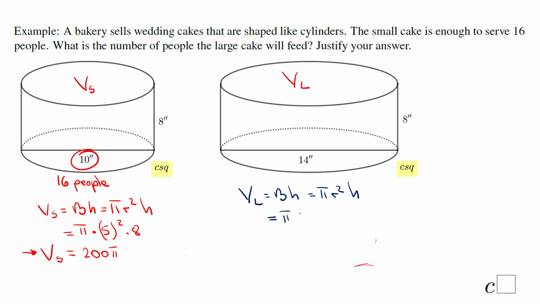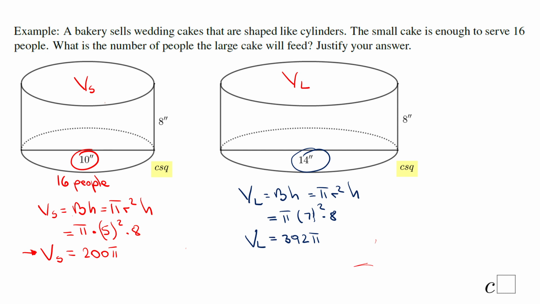The radius will be 7 because this is 14, cut in half. 7 squared times 8, the same height. So we're going to have 7 squared, that is 49, and 49 times 8, that will be 392 pi. Cubic inches, by the way, in case you need the units. Very important, the units are the same on both cylinders, on both cakes.